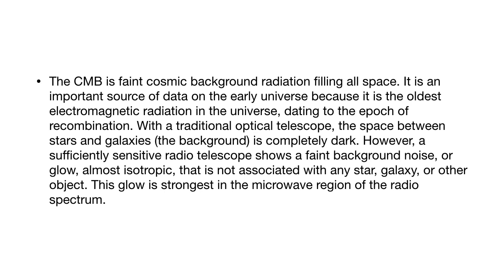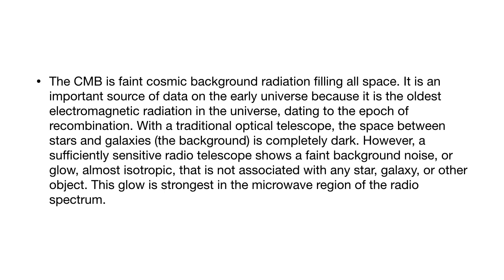Now, if we look at our night sky using an optical telescope, we will find that there are some places where we have a dot of light, or a star, or a galaxy, and so forth. But most of the space in between them is dark.